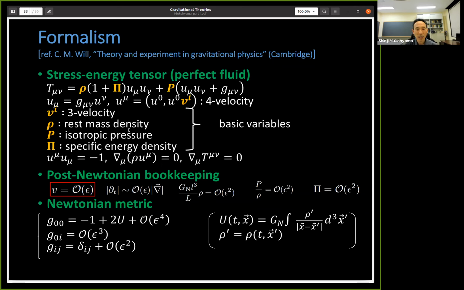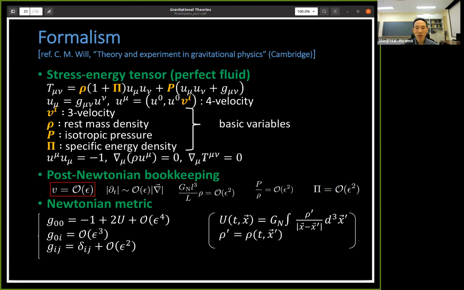The reason is that this part satisfies a conservation equation, baryon number conservation. So the rest mass density multiplied by the 4-velocity has a vanishing divergence.